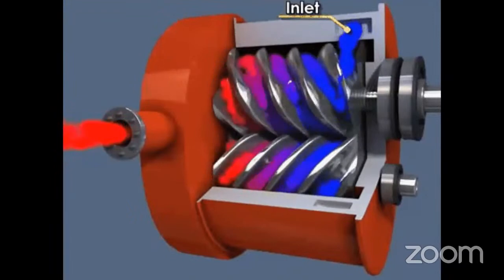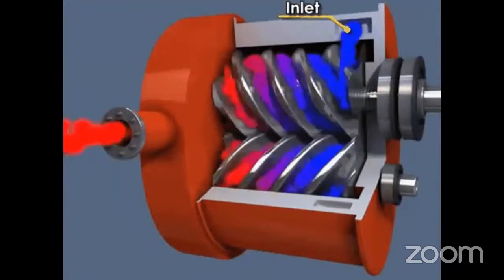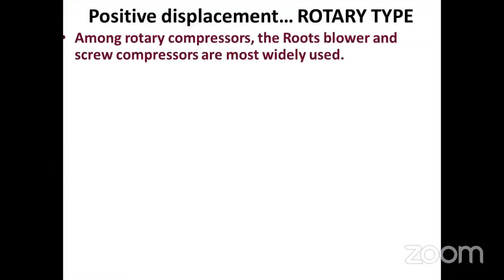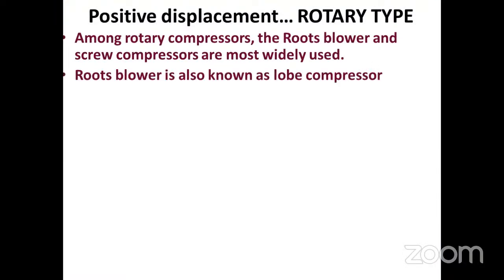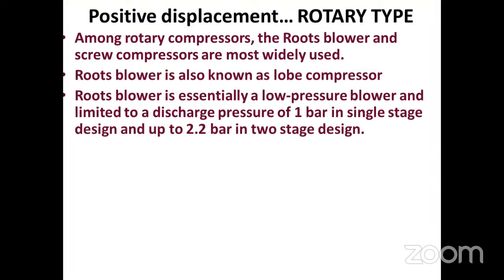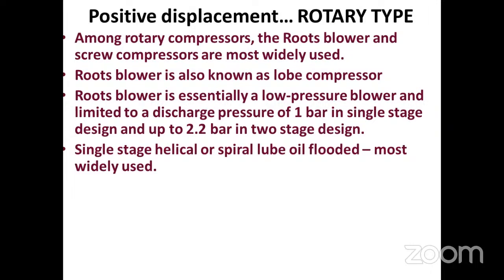It's a kind of screw pump, a positive displacement rotary pump. And the Roots blower is known as a low pressure compressor. Roots blower is essentially a low pressure blower, limited to a discharge of 1 bar for single stage, 2.2 bar for two stage.